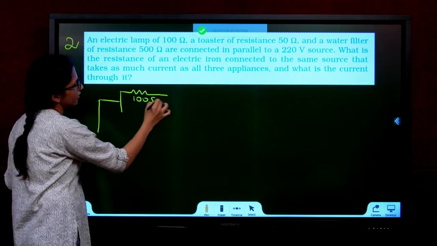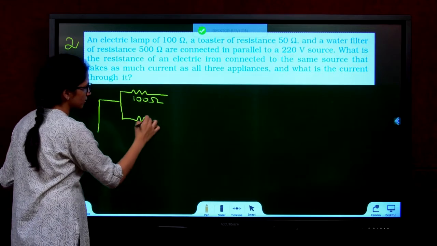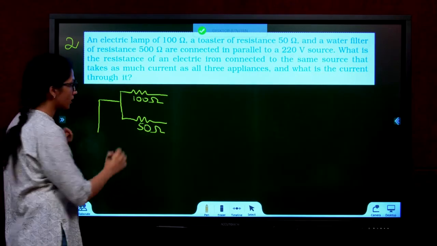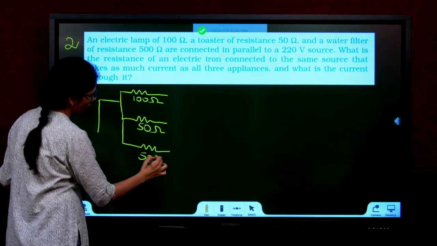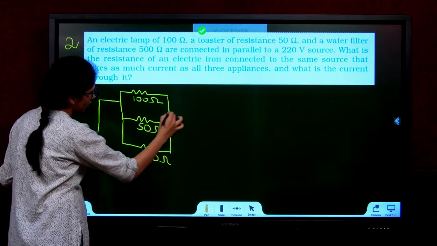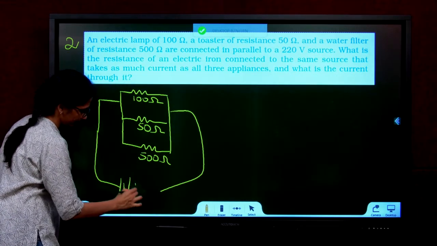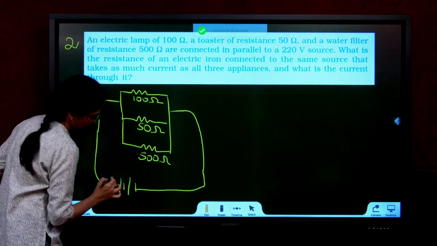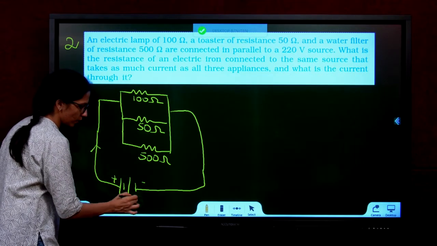Next you have a toaster of 50 ohms. Next we have a water filter of 500 ohms, all connected in parallel to a 220 volt supply. Plus, minus, current will flow in this direction.